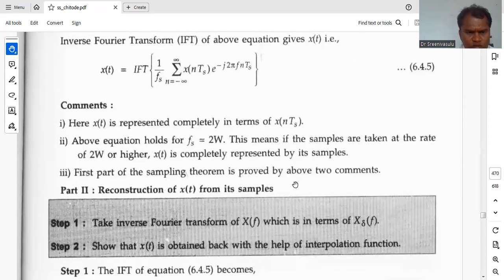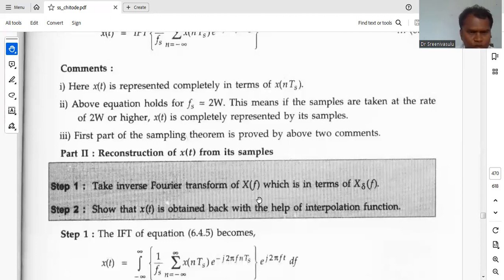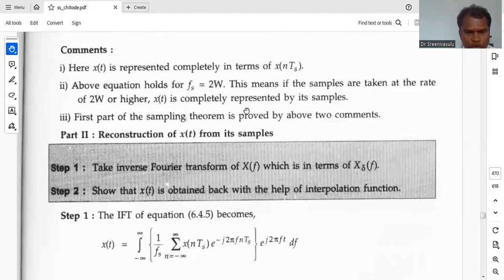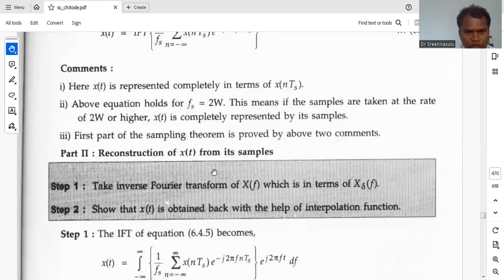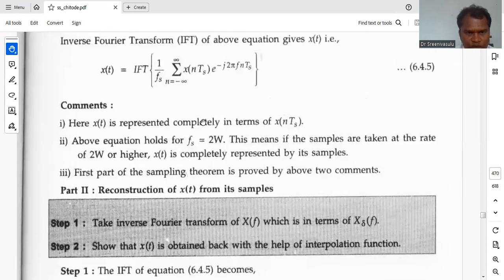Now, in the above equation, we have considered the sampling frequency is 2Fm, that is 2W. So, you take the inverse Fourier transform formula, which is integral from minus infinity to plus infinity of the signal.